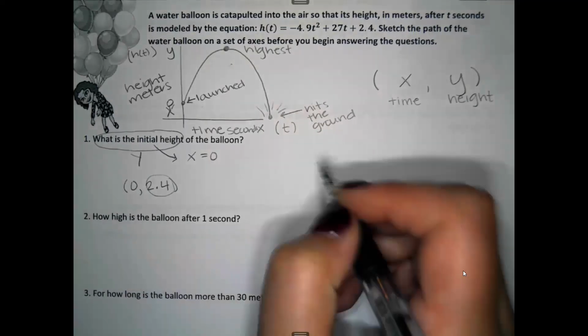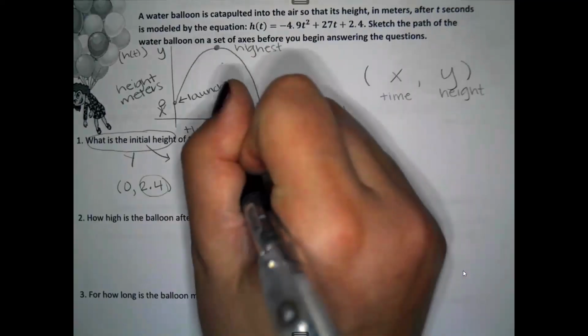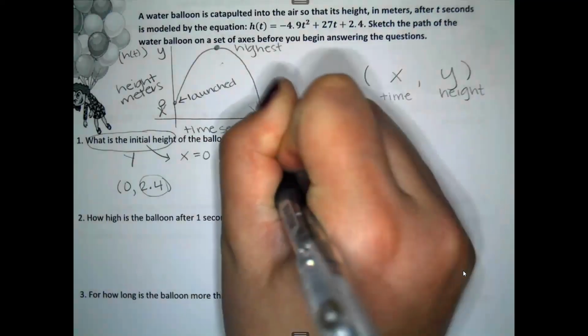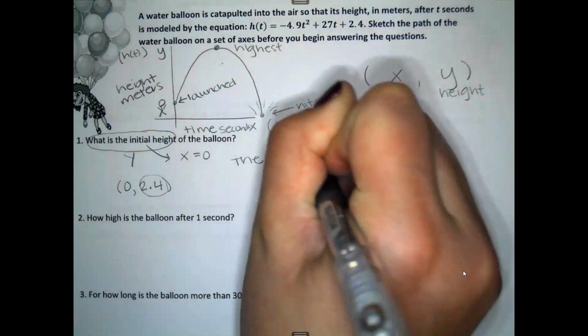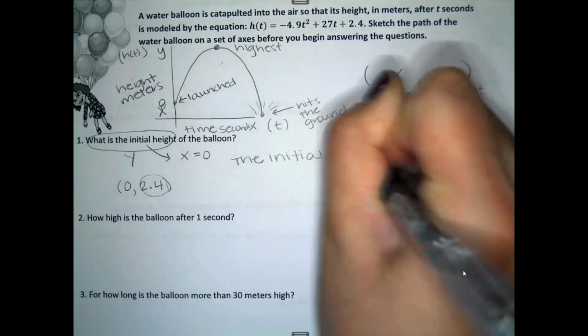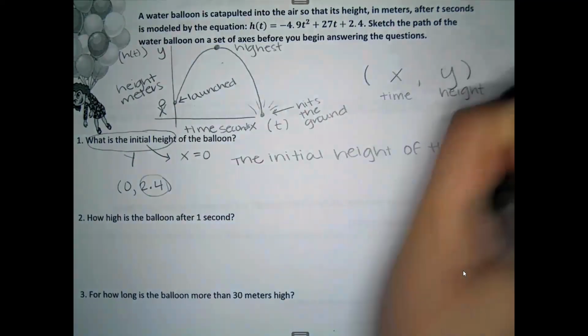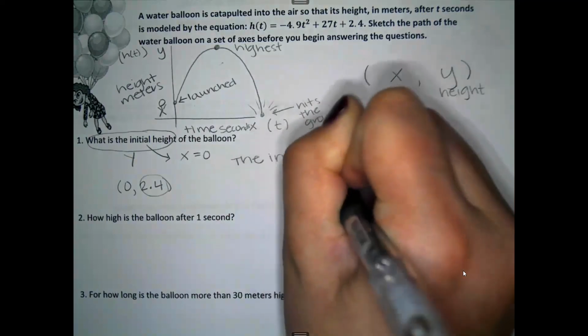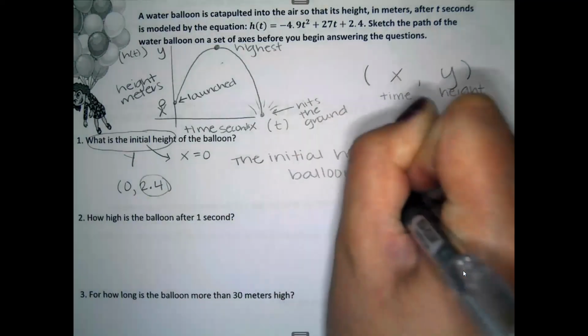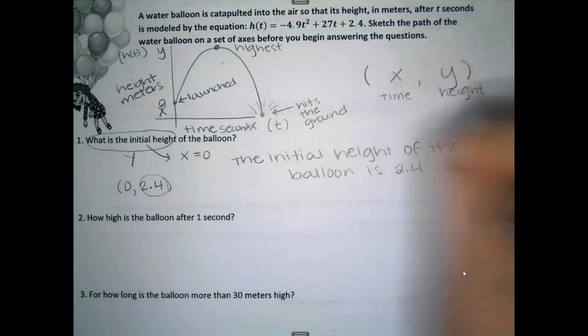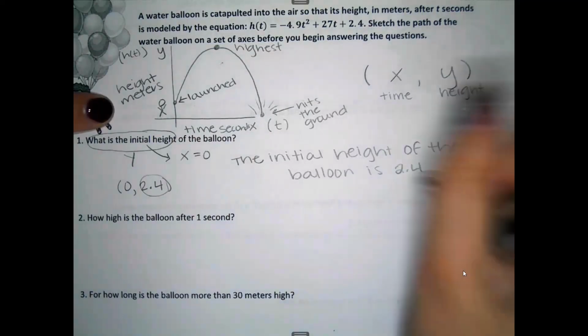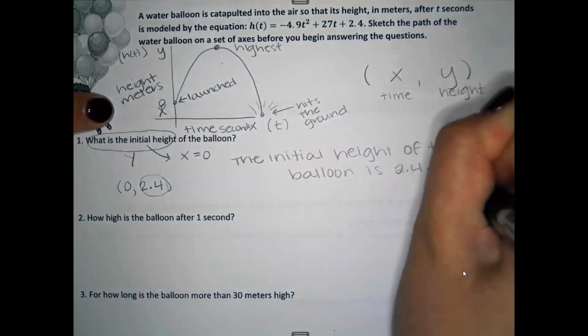Okay. What is the initial height of the balloon? The initial height of the balloon is 2.4, and then the units were meters, 2.4 meters.